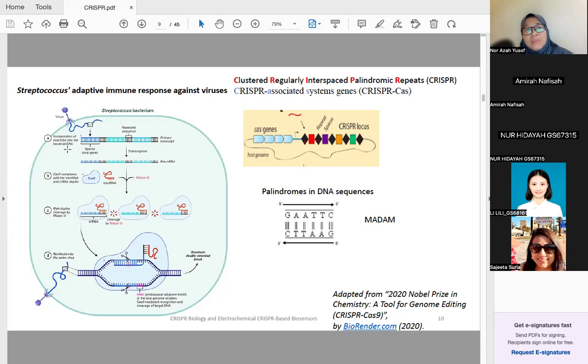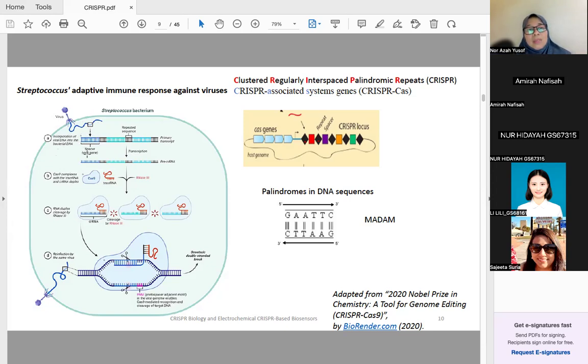So the bacteria has the capacity to copy, well, I use a simple word, to copy a specific region of the DNA of the virus into its DNA. You can see that it copies.